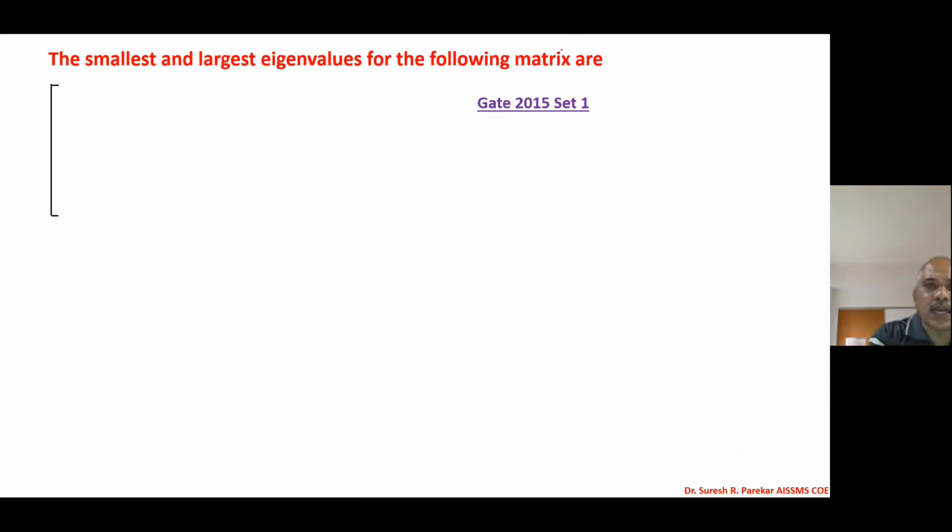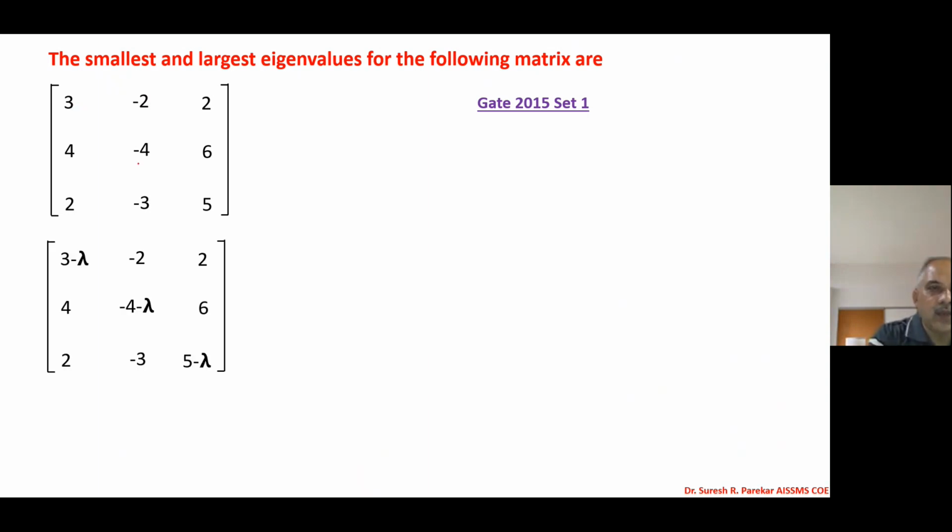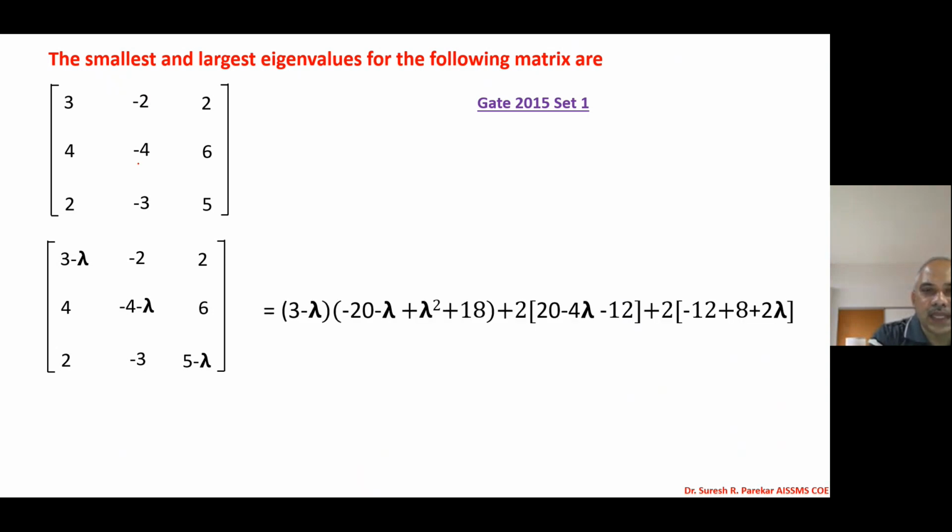Then the smallest and largest eigenvalues for the following matrix. So we have this. Now again we have to go A minus lambda I. So 3 minus lambda, 4 minus lambda, 5 minus lambda, and then we can have 3 minus lambda over here into minus 4 minus lambda, 5 minus lambda, and minus 3 into 6 plus 18.